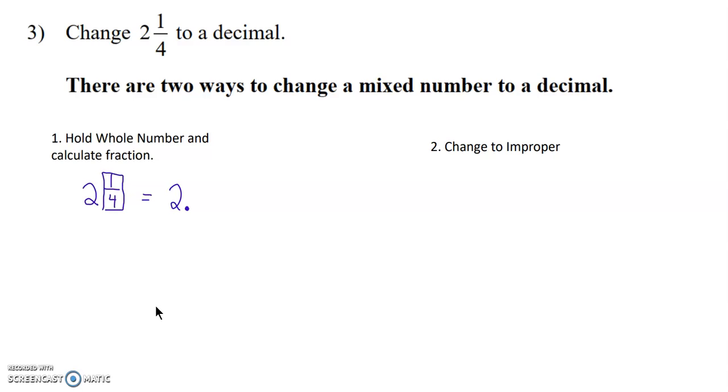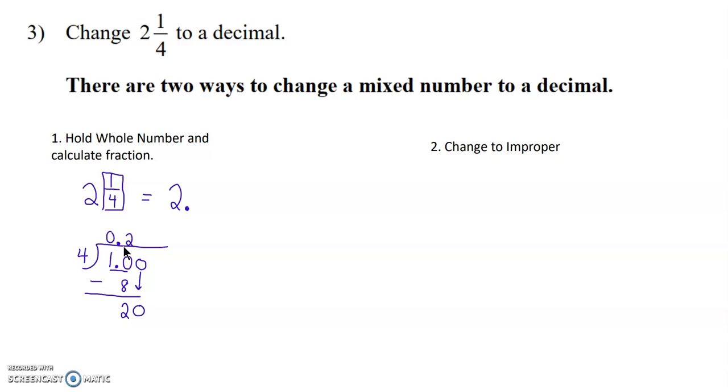So we're going to take the 4 as our divisor and the 1 inside, place a 0 and a decimal place up in your quotient there, and then you can begin to divide. 4 does not go into 1, but 4 does go into 10 twice. 2 times 4 is 8, so we subtract. 10 minus 8 is 2, and we add a 0 and bring it down.